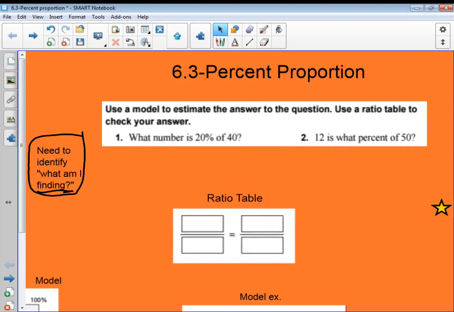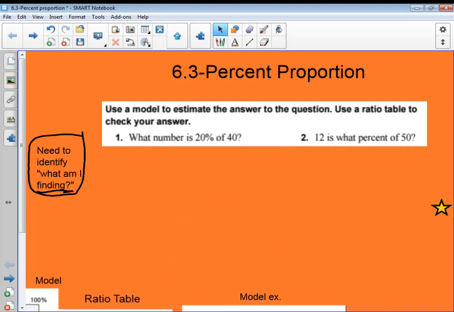So first I have my equation. Let's look at number 2. First I can write out my equation. 12 is what percent of 50?